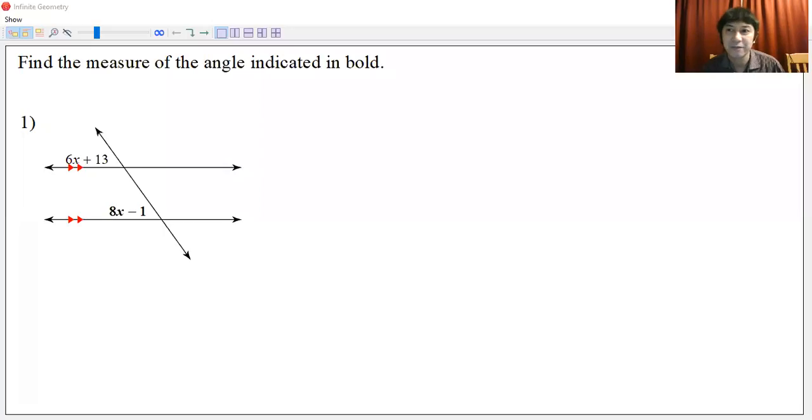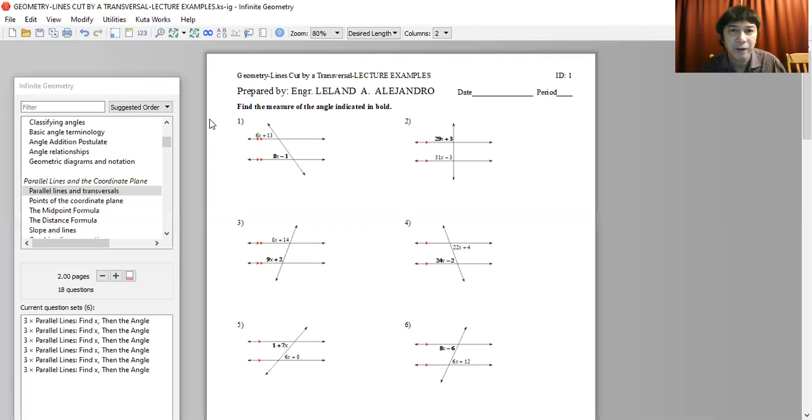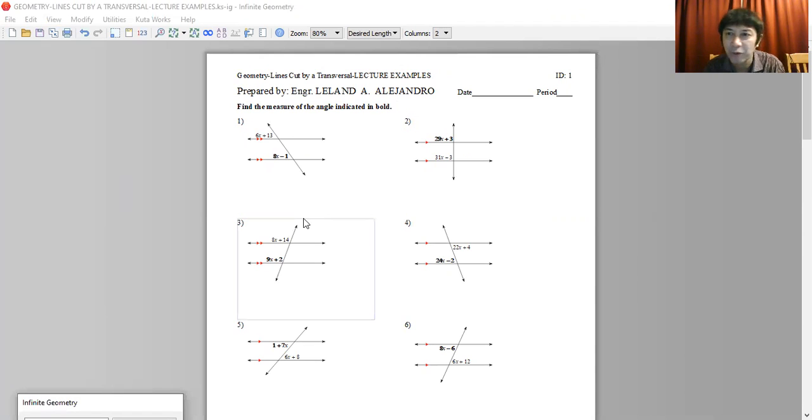So we're going to see the problem set first over here. Okay, here's the first number, but we can actually see the entire set. Okay, this is the entire set. And you can see here the number of problems that we're going to discuss.